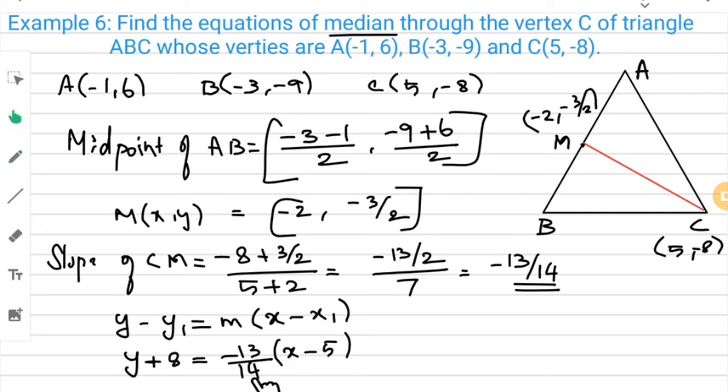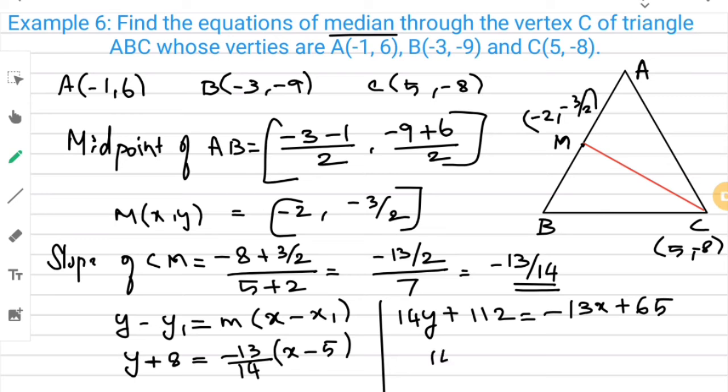Now you can cross multiply this 14 to this side, you will get 14y plus 14 into 8, that is 112, is equal to minus 13 into (x minus 5), which gives minus 13x plus 13 into 5, that is 65. On further simplification, you will get 14y plus 13x, and bringing this 65 to this side, it becomes 47 is equal to 0, and this is the equation of the median.